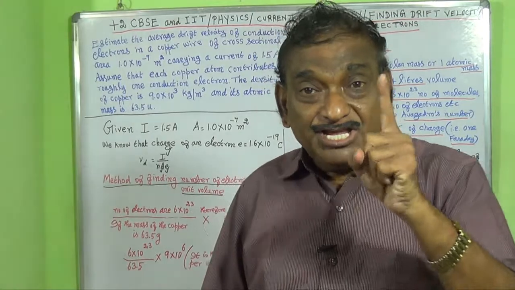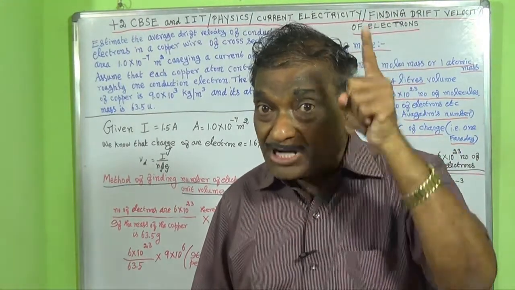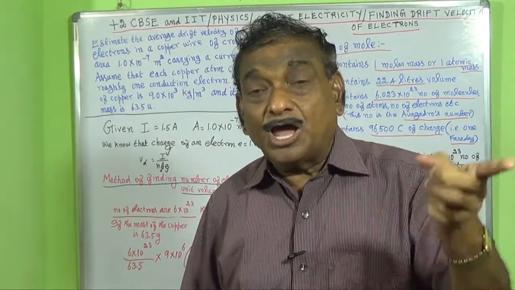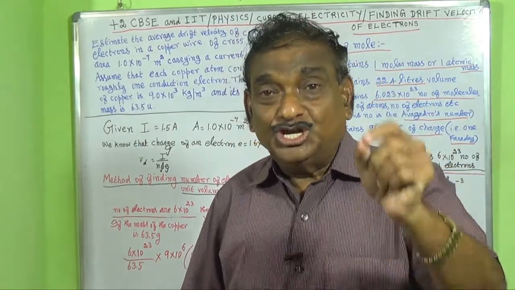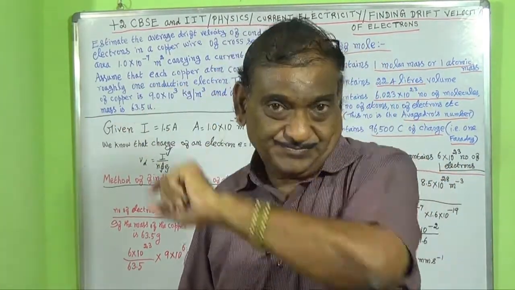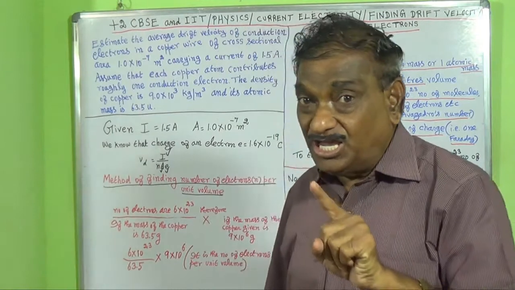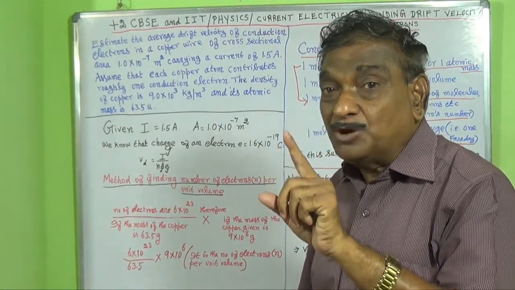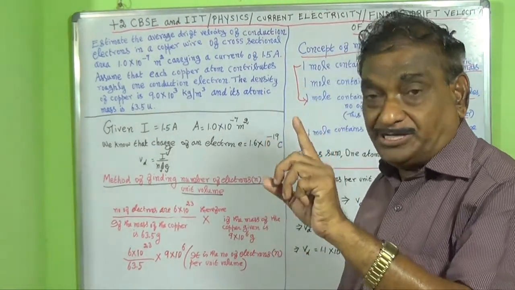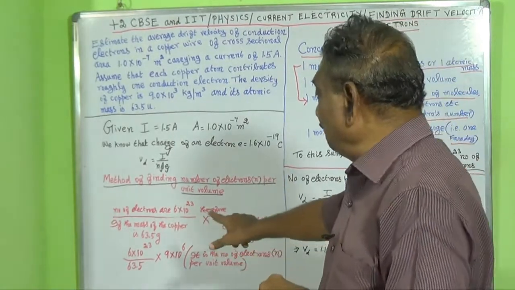We have already discussed that in one atomic mass the number of electrons is 6 into 10 to the power of 23.